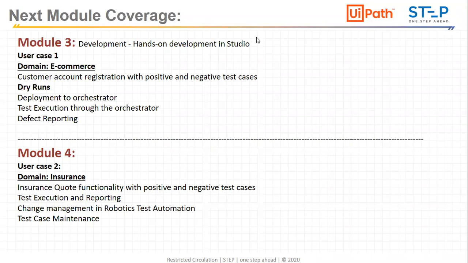And we will be seeing dry runs, how deployment of Orchestrator works, how the execution works, and how defect reporting works. So this will be the end-to-end cycle. We will show you in the test management tool how the test cases are created, and the actual robotic test automation using UiPath Test Suite, and the end-to-end cycle of the e-commerce application.